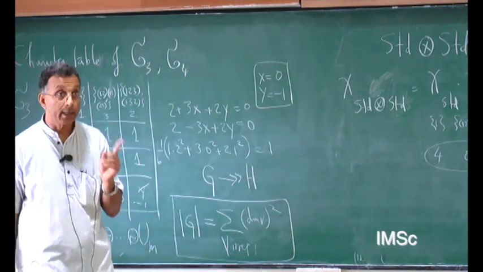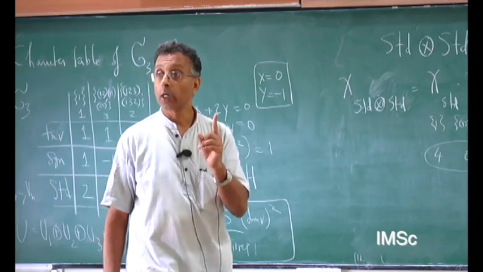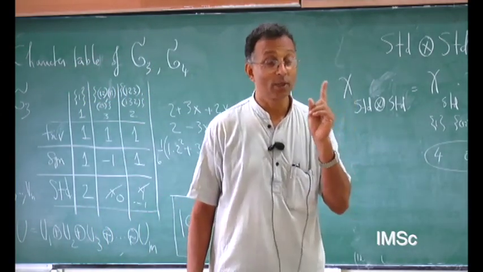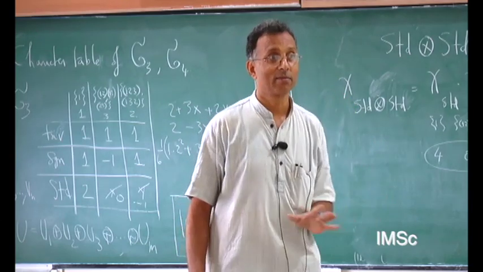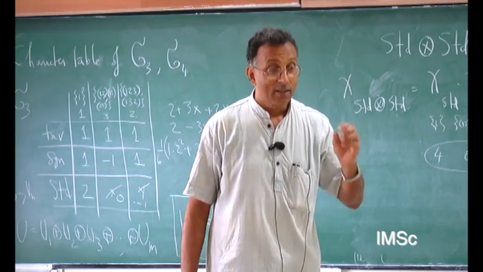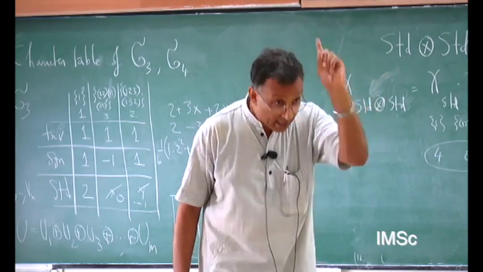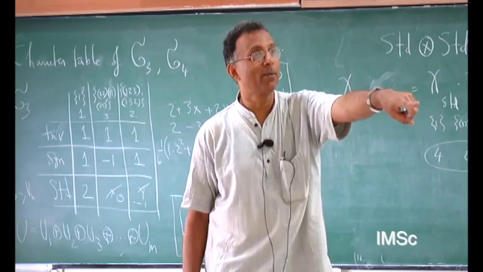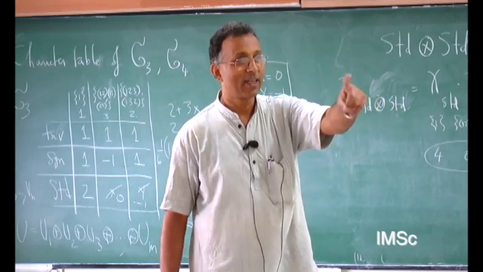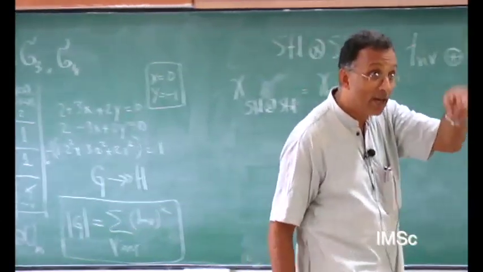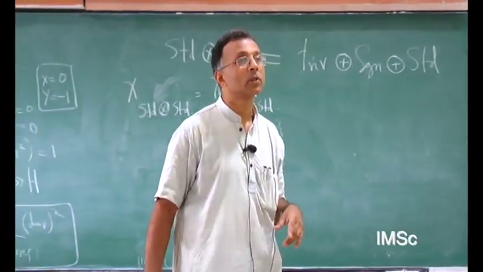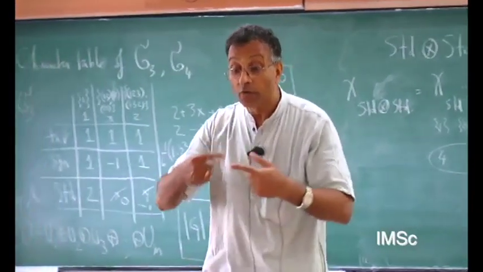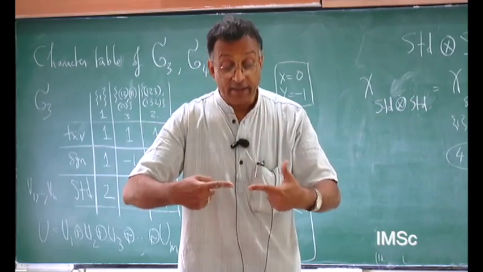But if it is a character, then the inner product with any irreducible character must be an integer. That integer is already divided by the order of the group. And it's with itself that it equals 1.